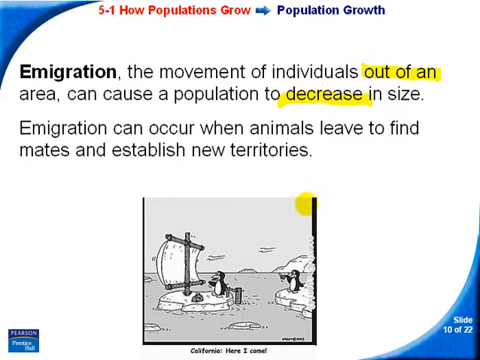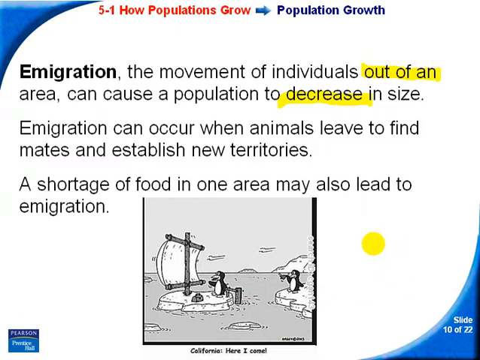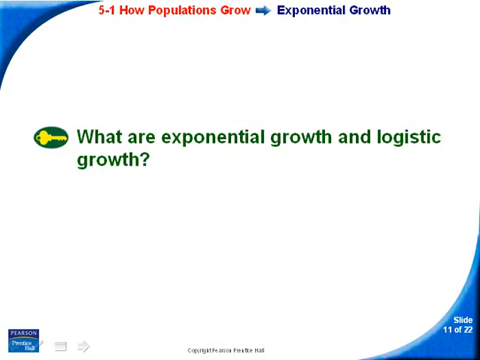This penguin right here, I think, is looking for sunshine, so he's heading to California. Another resource: a shortage of food would lead to individuals emigrating, or if there's an area where food becomes abundant, then individuals might immigrate into that area.